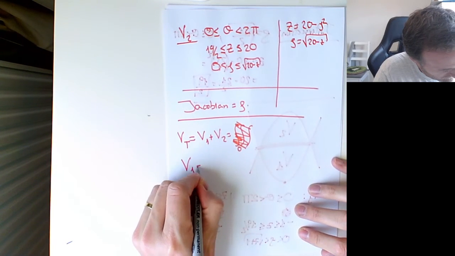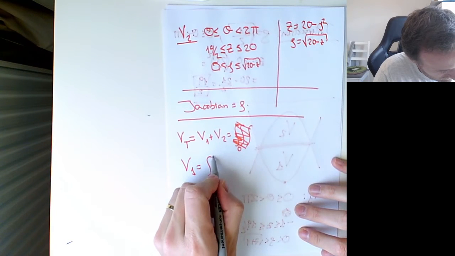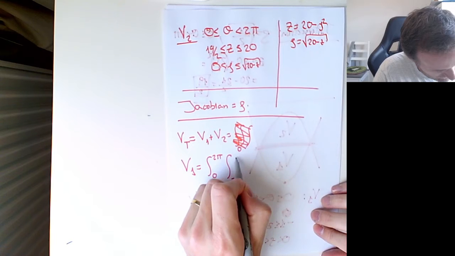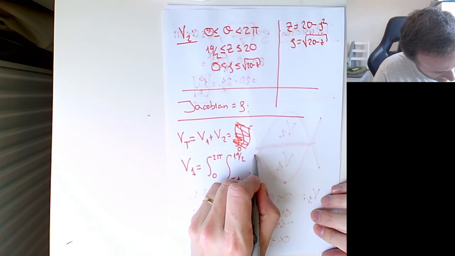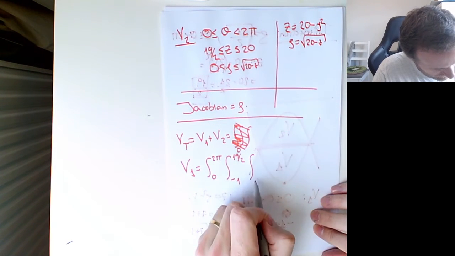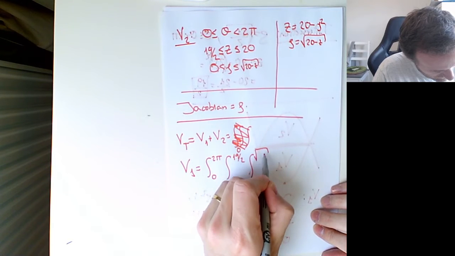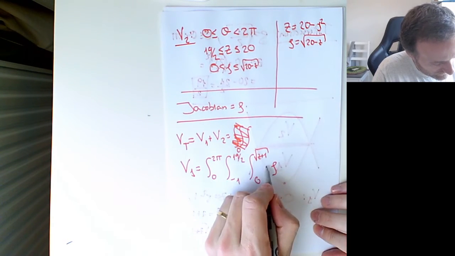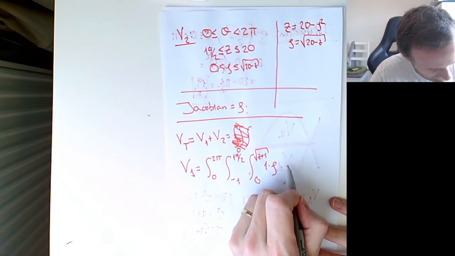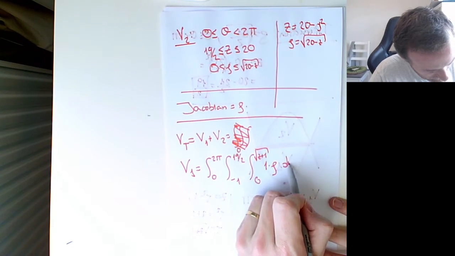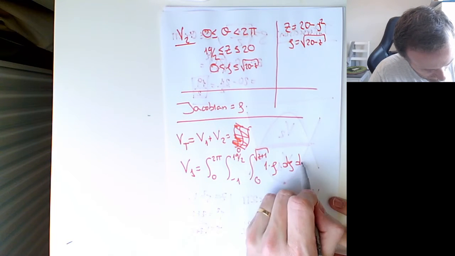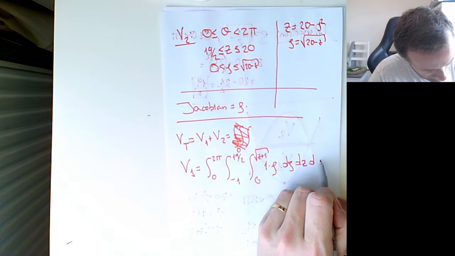The first volume is the triple integral with theta between 0 and 2 pi, z between minus 1 and 19 halves, and rho between 0 and the square root of z plus 1, of 1 times the Jacobian rho, d rho dz d theta.